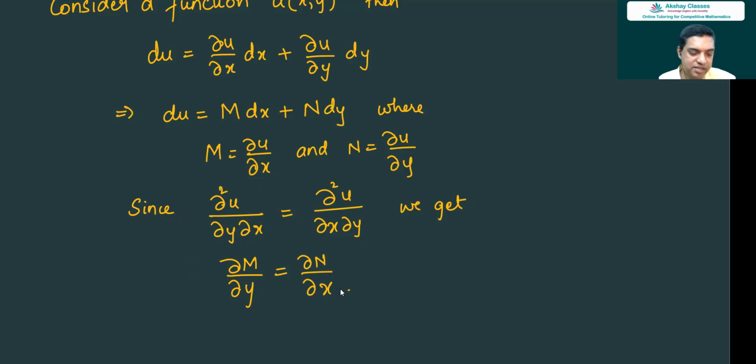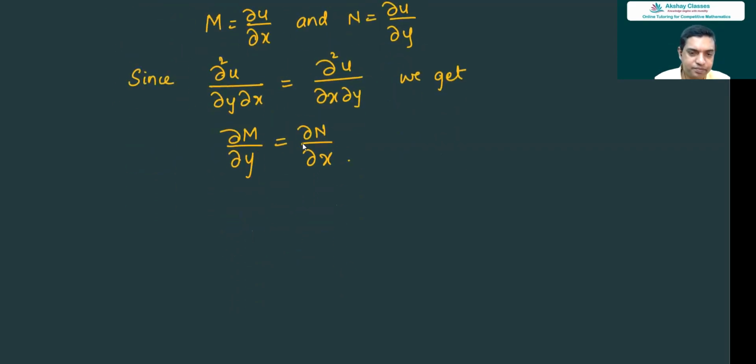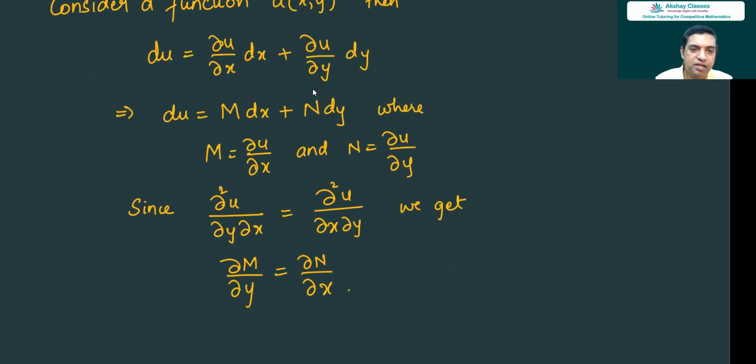So from this we can get a conclusion: when can a function like m dx plus n dy be called an exact differential? So if dou m by dou y is equal to dou n by dou x, this m dx plus n dy can be written as du.